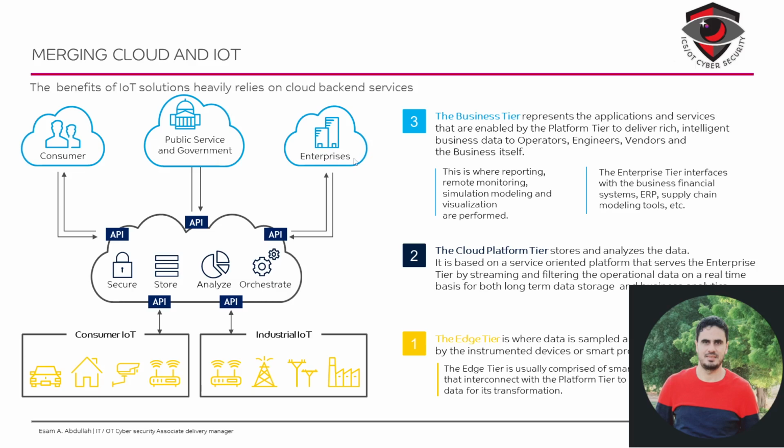It is visualizing or simulating models, and the platform and enterprise tier interface with the business financial systems, enterprise risk management or supply chain modeling tools. This is the tier that interacts with the users.